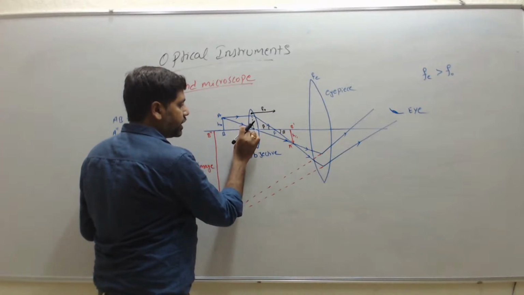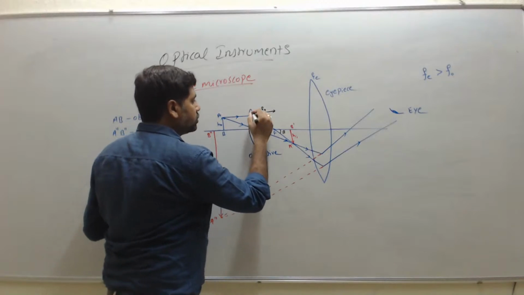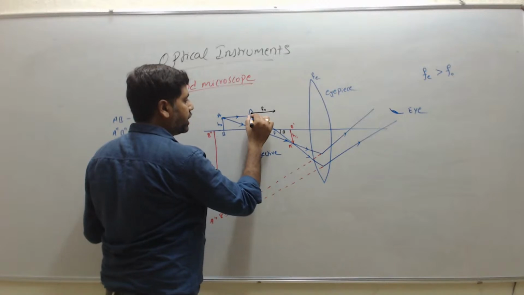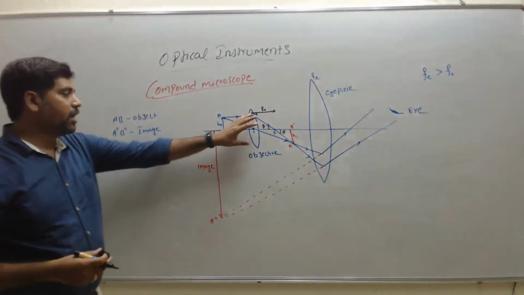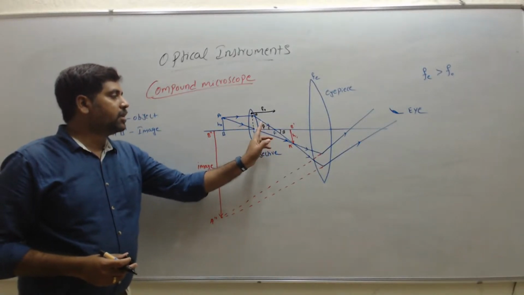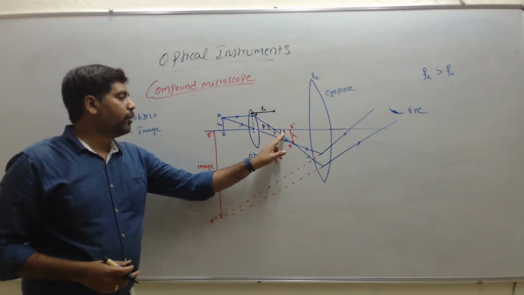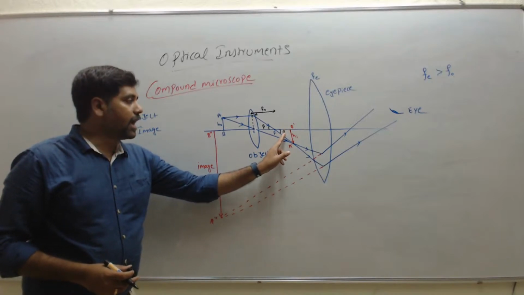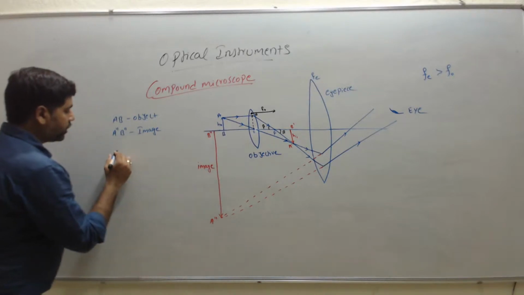I am taking angle beta because, if I take this point as N, AB is equal to NO, that is NO is equal to H naught. So here the angle is the same. At the point F, we have angle beta, that is opposite, that's why here also we get the angle beta.